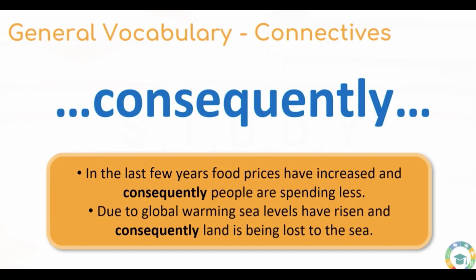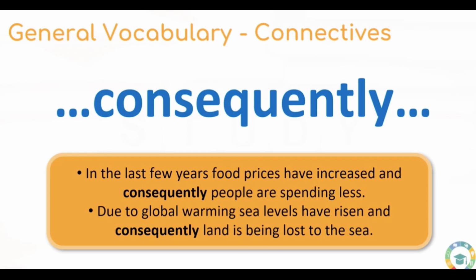And the next example. Due to global warming, sea levels have risen. And consequently, land is being lost to the sea. So we have this problem of global warming and sea levels. What's the effect of it? Consequently, land is being lost.